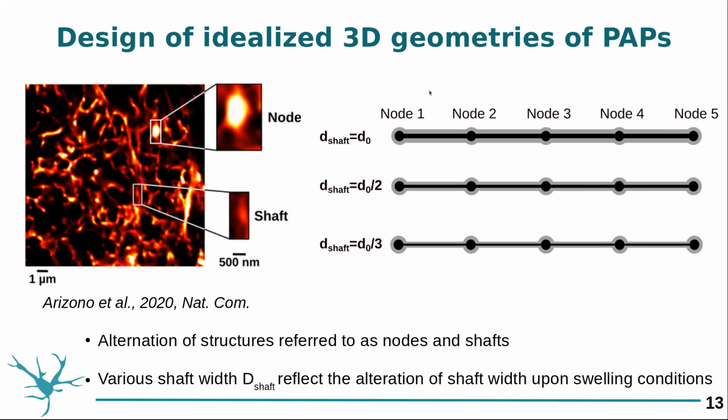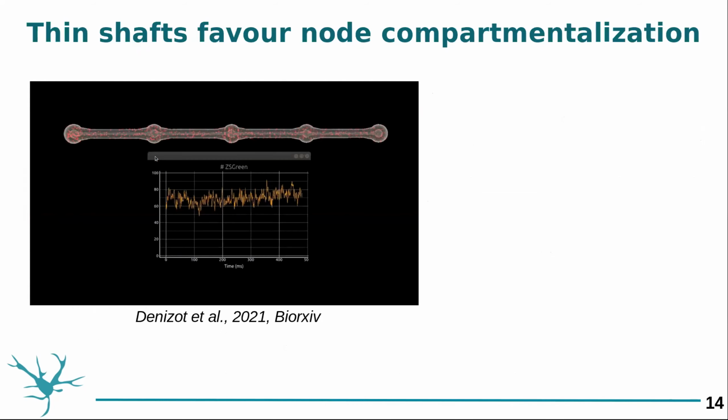And first of all, we wanted to test whether those morphologies were a good approximation of the ones measured experimentally. And to do so, we have replicated some bleaching experiments that were performed by Misa. So basically, there are some fluorescent molecules that are diffusing within the morphologies, here in red, the same as in the experiments.